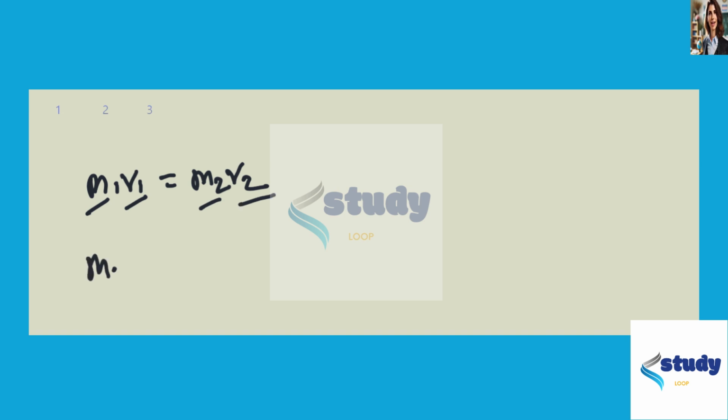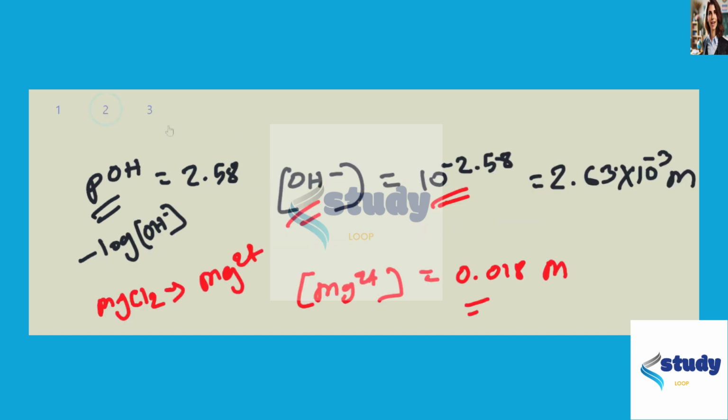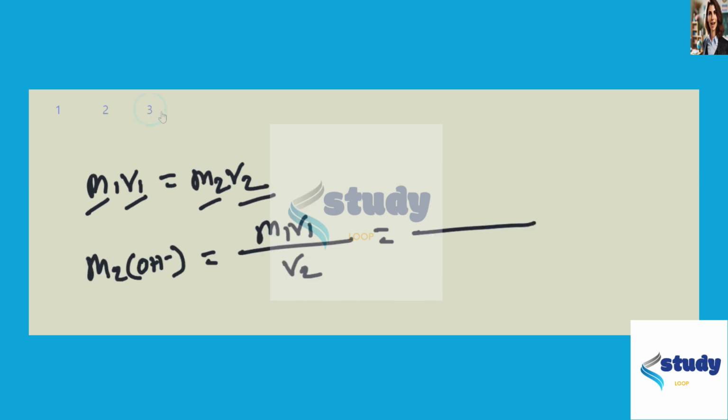We have to solve for M2 for OH minus, that will be M1 V1 over V2, where M1 is the initial concentration of OH minus, which is 2.63 times 10 to the power minus 3, and the initial volume for OH minus is 75 ml, as we are adding 75 ml of sodium hydroxide.